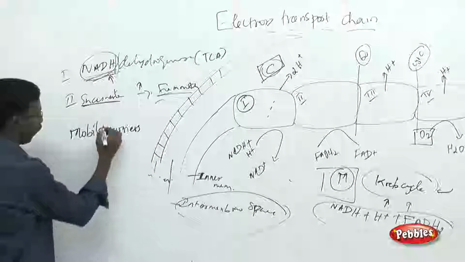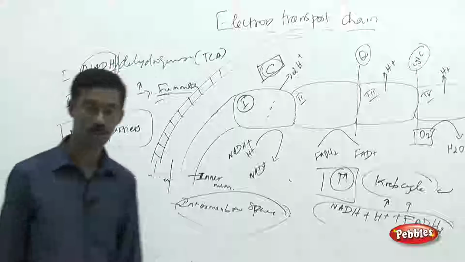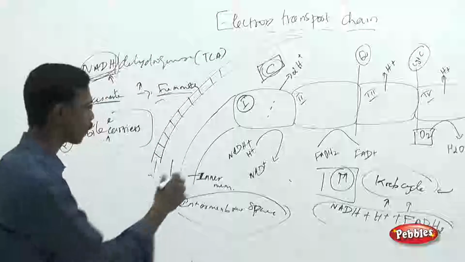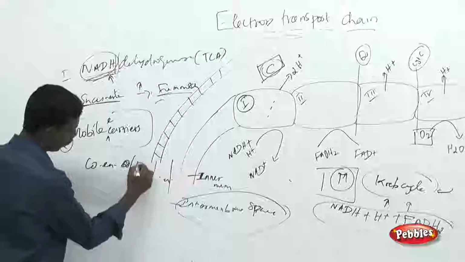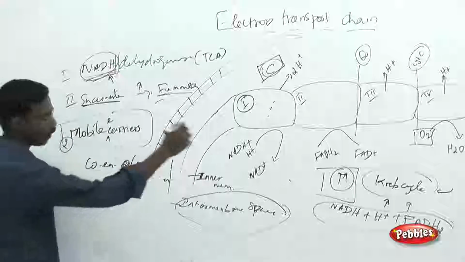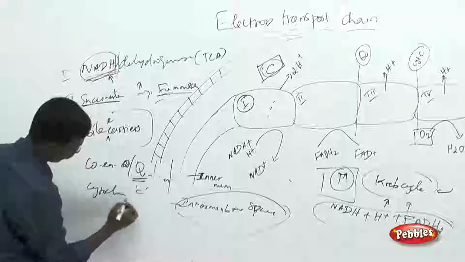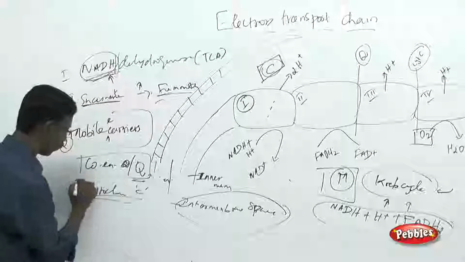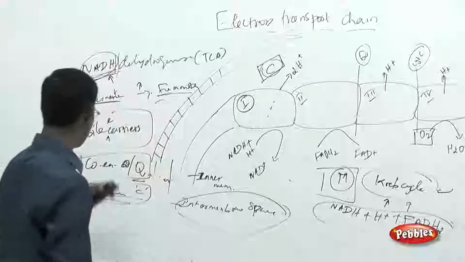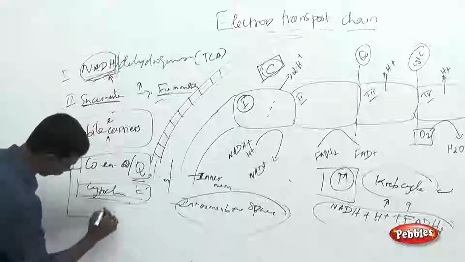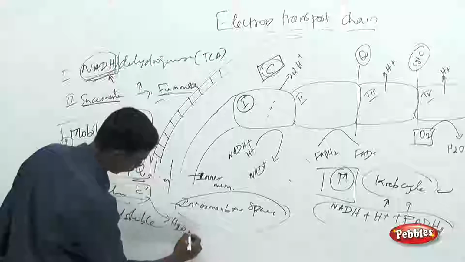There are 2 mobile electron carriers involved in the electron transport chain: coenzyme Q, or simply Q, and cytochrome C. We call these 2 mobile carriers. The point to remember is that coenzyme Q is a lipid soluble mobile carrier, and cytochrome C is a water soluble mobile carrier.